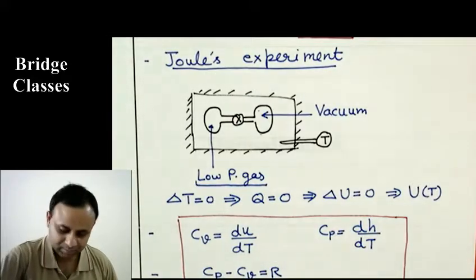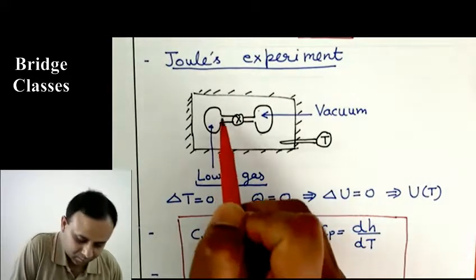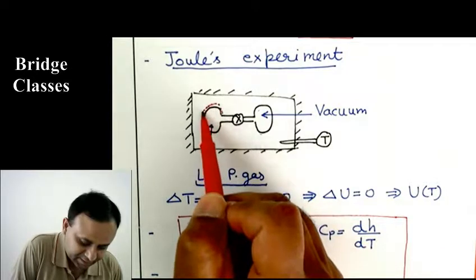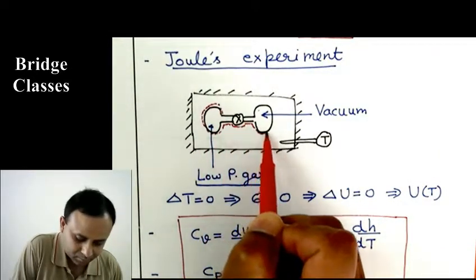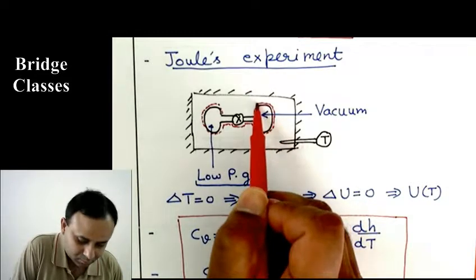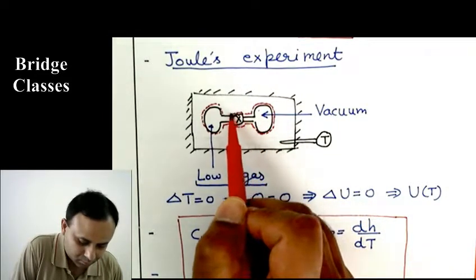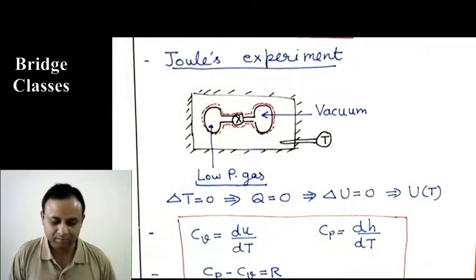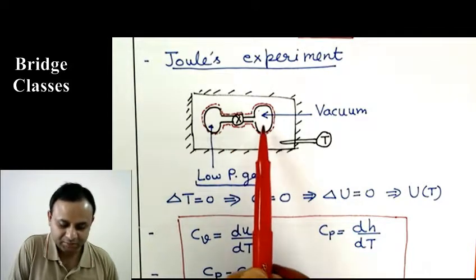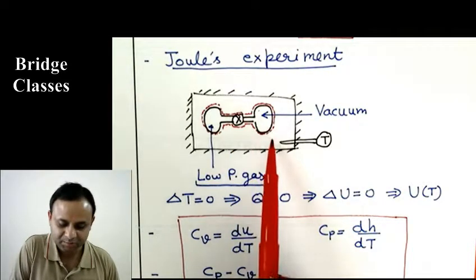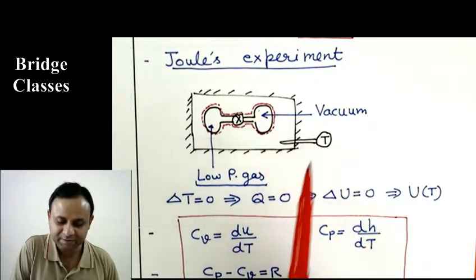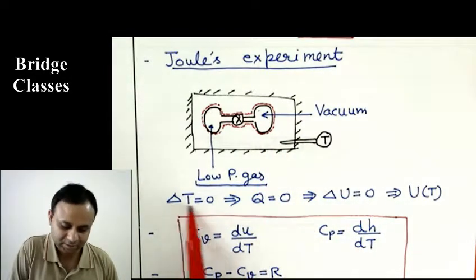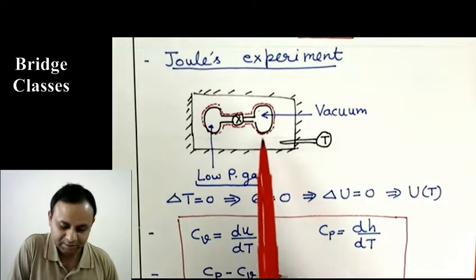That means that if I define these two bulbs as the system, after opening this valve, there was no heat transfer from this bulb to the liquid here, because if there were any heat transfer, then this temperature would change. So the change in temperature is 0, which means there is no heat transfer.